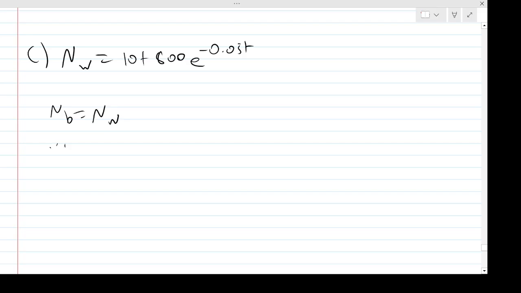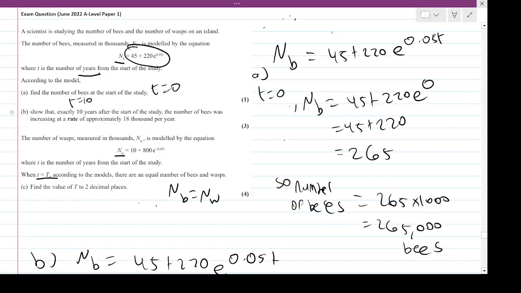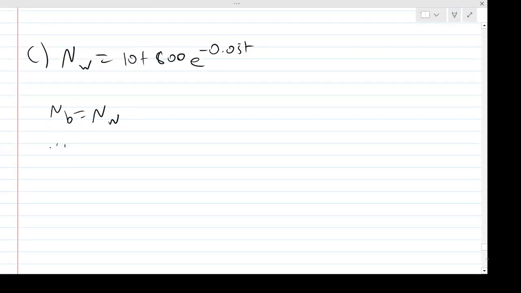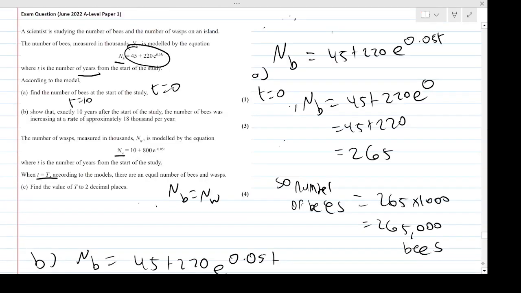Therefore, the equation for NB here, 45 add 220 e to the 0.05t, has to equal NW.